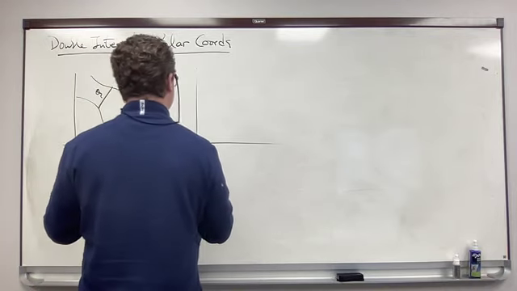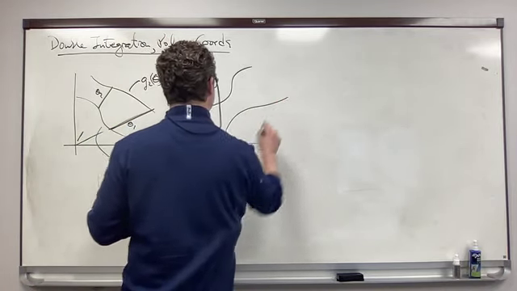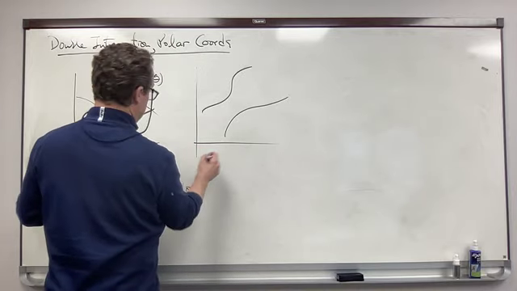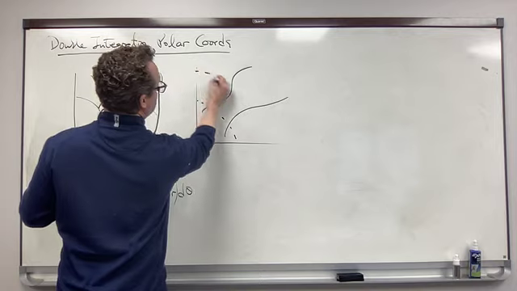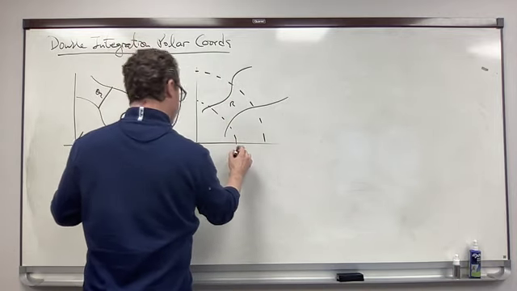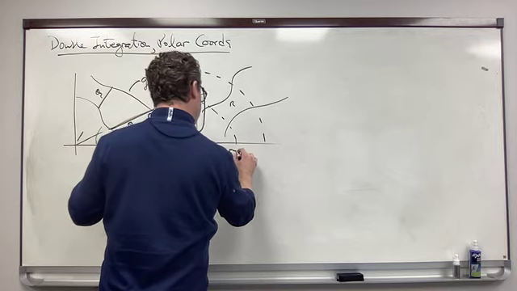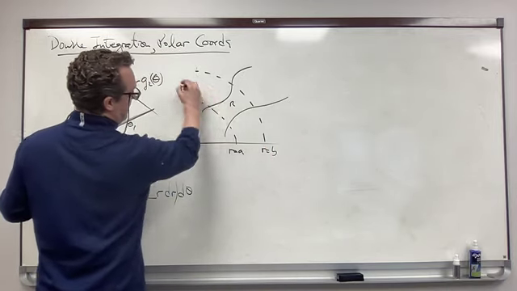On the converse, you could have something that looks like this. If this is our r, this is r equals a, and this is r equals b, so a constant arc at r equals a, r equals b.